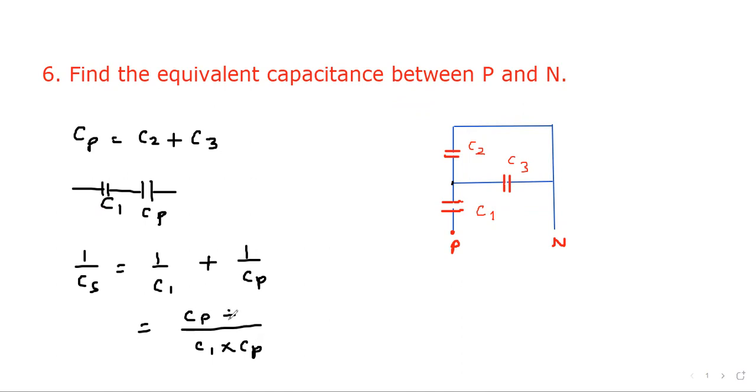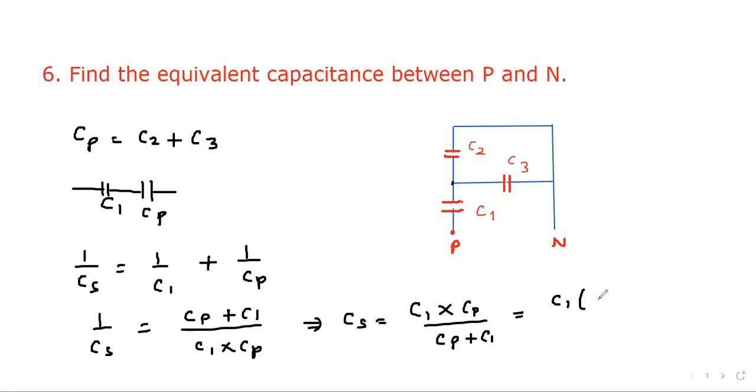Thereby, Cs equals C1 into Cp divided by Cp plus C1. We put the value of Cp: C1 times (C2 plus C3) divided by C2 plus C3 plus C1. And that is our answer.